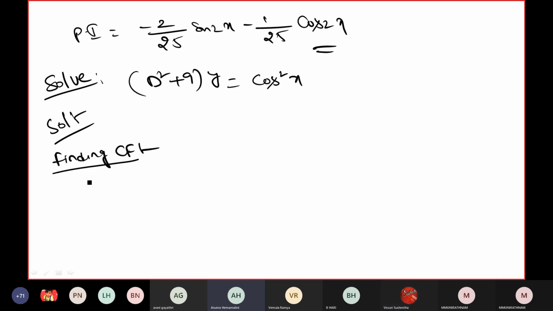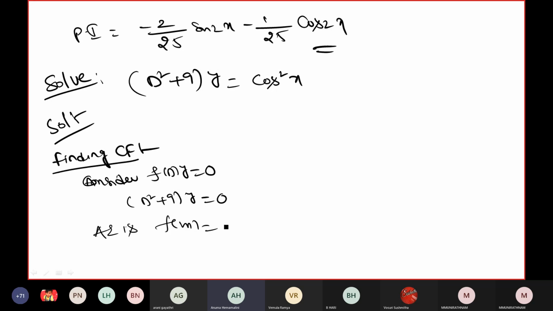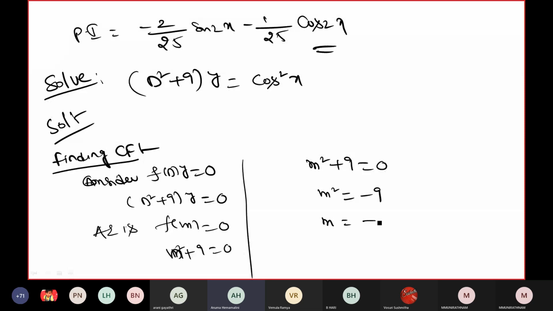Plus or minus? మళ్ళీ ఒకసారి చూడు. m square is minus 9. m అవుతుంది 3i అవుతుంది. 3i, right?